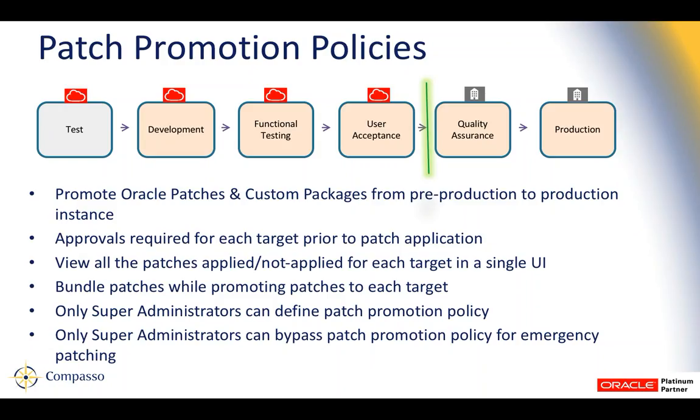So these patch promotion policies basically enforce the rules that certain patches or customizations have to go into environments in a certain order, right? And approvals are required at each level. You can have a hierarchical approval where you have multiple layers of approval that have to approve it as things move on from one environment to another, right?